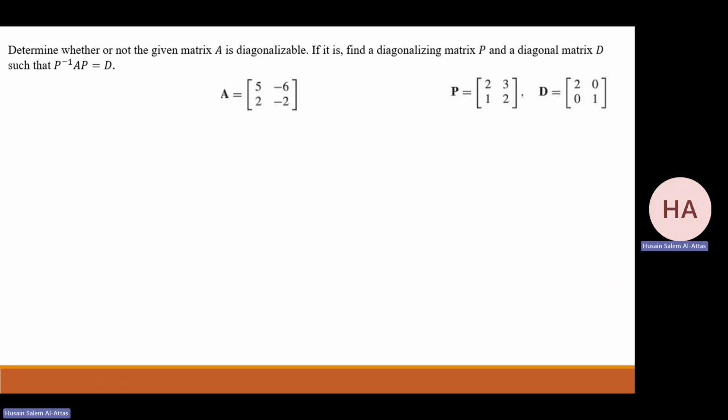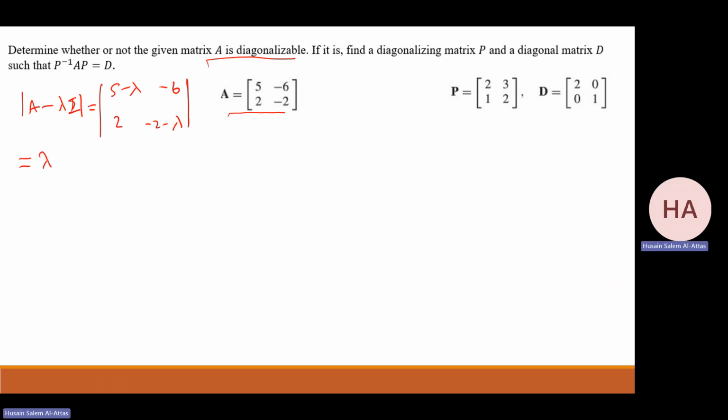Determine whether or not the given matrix A is diagonalizable. If it is, find the invertible matrix P and the diagonal matrix D, such that P inverse AP equals D. So I have this matrix. What I will do, I'll try to find the eigenvalues. So I solve A minus lambda I, like what we did before. So I have 5 minus lambda, minus 6, 2, minus 2 minus lambda.